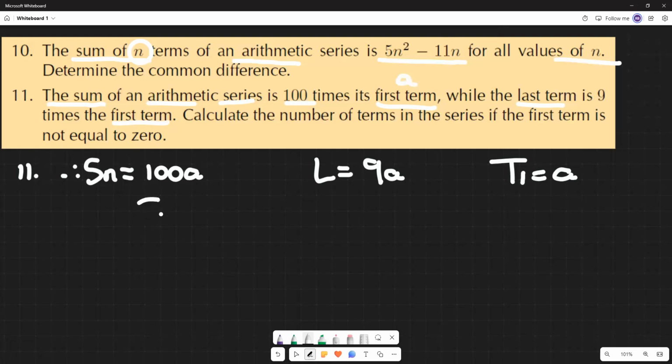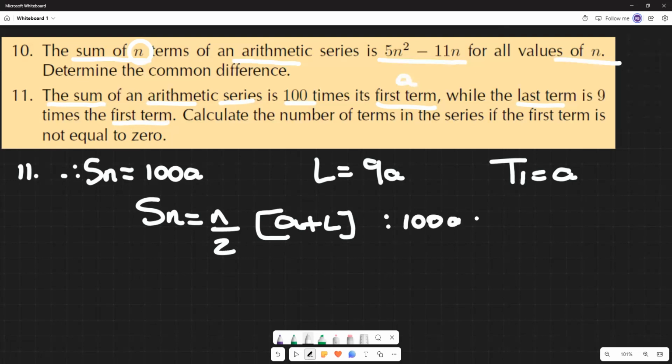Okay, so I'm going to use this formula here: Sn equals n over 2 times (a plus l). The reason I'm using this one is because they gave me the last term. Then I can substitute now. Sn is 100a equals n over 2, and then you have the first term plus the last term.